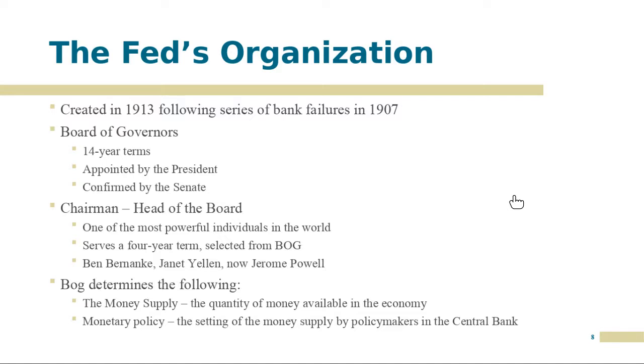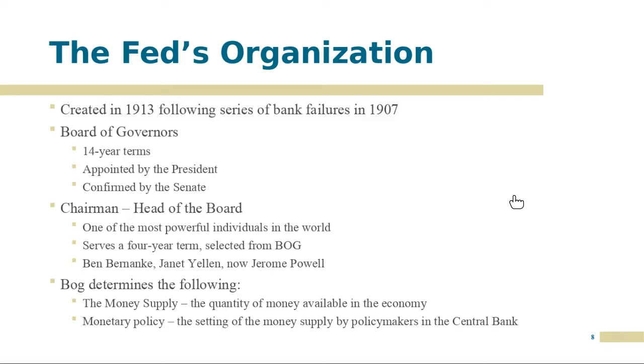Now, the way the Fed is organized is it has a board of governors. They operate in 14-year terms. They're appointed by the U.S. president, and they are confirmed by the Senate. This is an interesting balance because the Federal Reserve is actually made up of member private banks. It is, yes, a federally sanctioned entity, and they are audited, and the check on their power is the fact that their members are appointed by the president and confirmed by the Senate. So there's a public check on it.